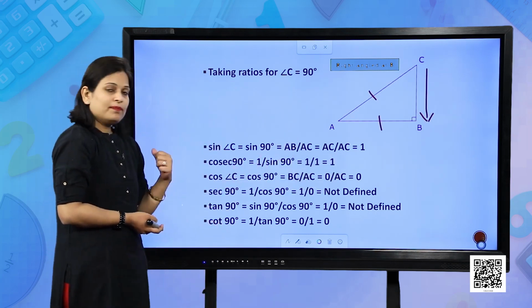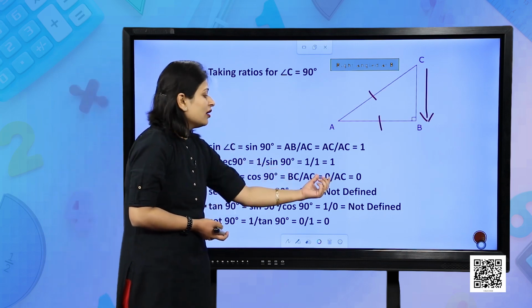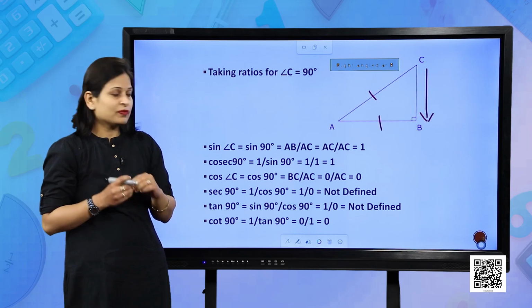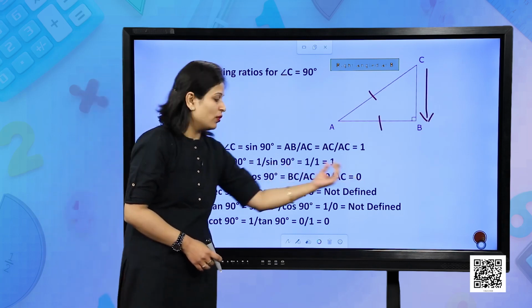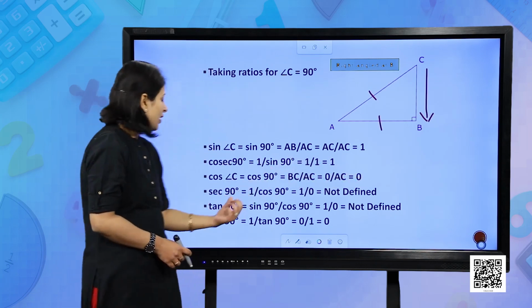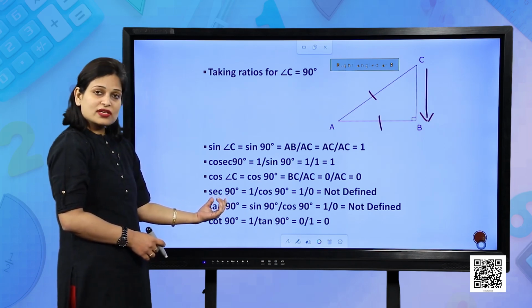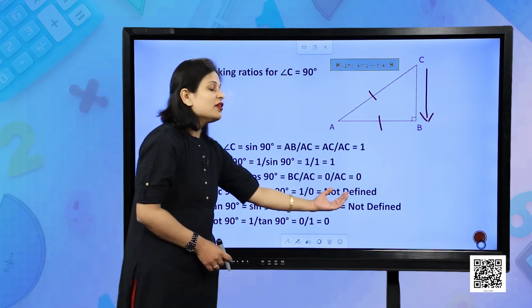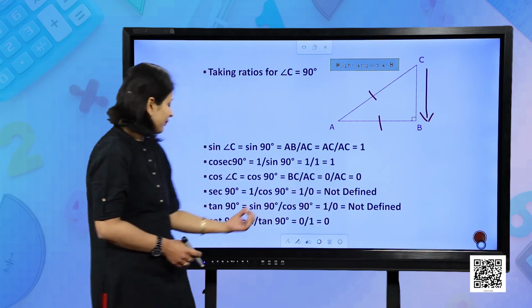Cos 90 degree will be BC upon AC. What will you get? BC will become 0. So, 0 upon AC will give you 0. So, the value of cos 90 degree will be 0. Secant 90 degree is the reciprocal of cos 90 degree, which is not defined because 1 upon 0 is not defined.